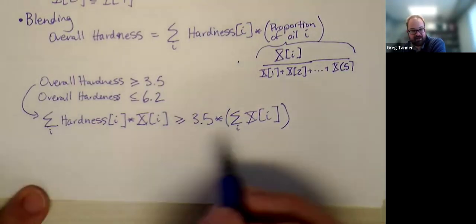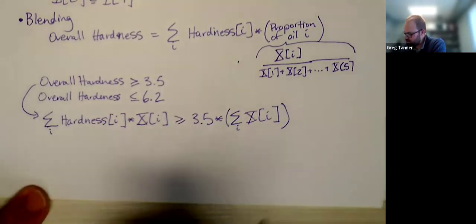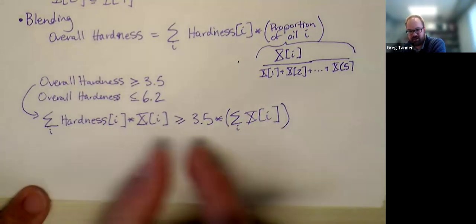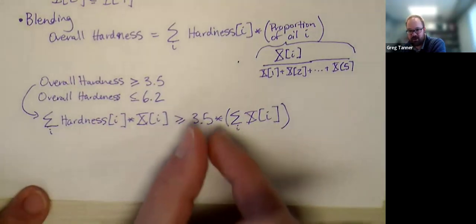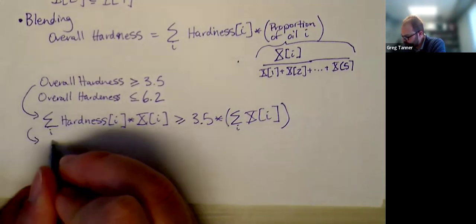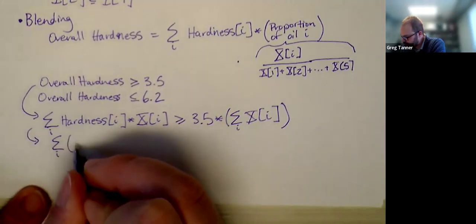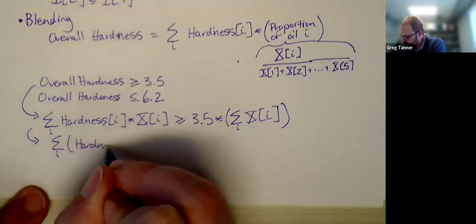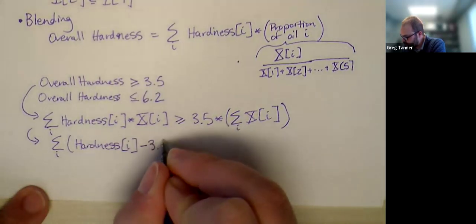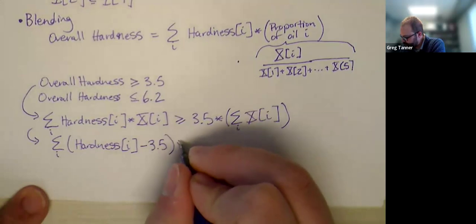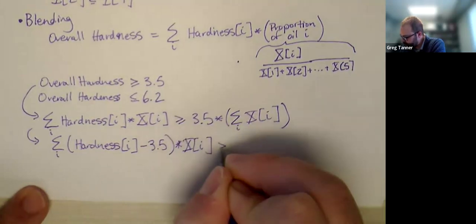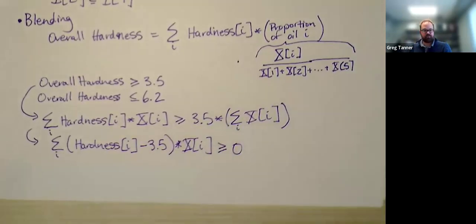And then combine the sums because they're adding over the same thing, and figure out that the coefficient of each xi is going to be the hardness minus the lower bound target for that hardness. And so this then becomes the sum over i of hardness of i minus that lower bound of 3.5, and that's being multiplied by xi, and that has to be greater than or equal to 0.